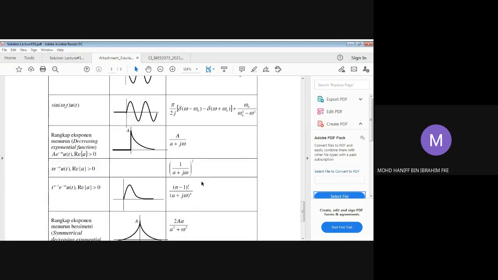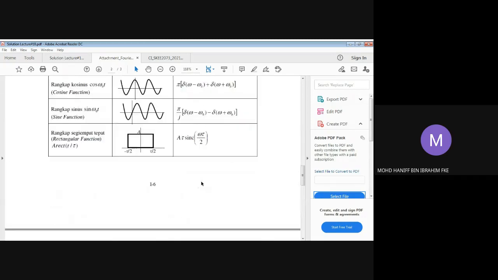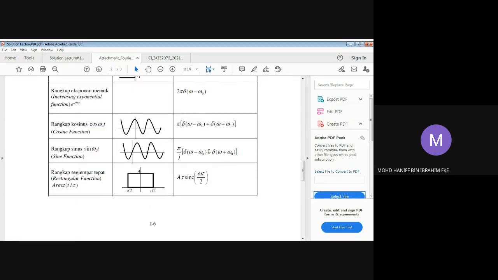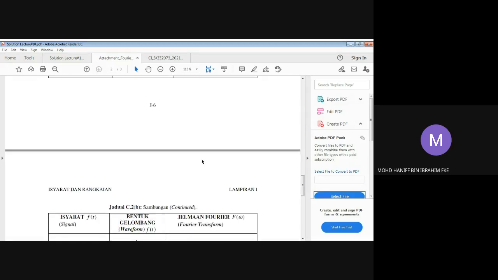So these are examples of signals in time domain considered in our table, and their respective Fourier transform equations. These are the content of the attachment. Okay, so let's go back to this lecture.